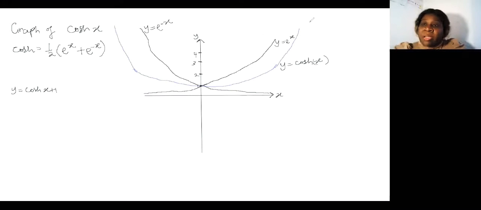Let's use a different color. So y is equal to cosh x plus 1 is going to move that graph to this point, because if this is 1, then it will move it by 1, and that will take it to 2, but it will still be the same graph going all the way up.